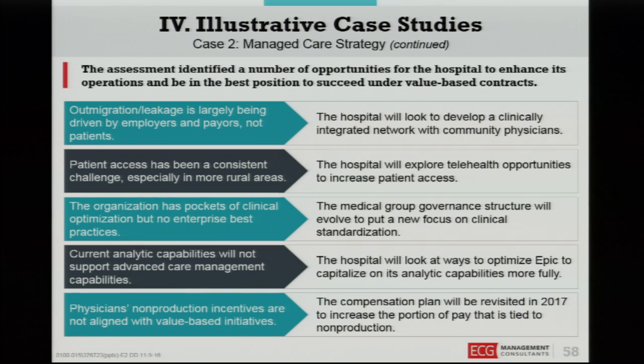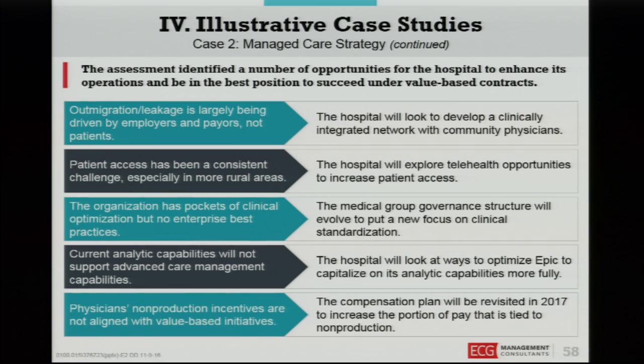There were pockets of clinical optimization, but they were focused on specialties and a few service lines, and they needed a more concerted effort across the entire physician enterprise around care delivery. We also observed they had very little in the way of analytical capabilities to do the reporting required by MACRA. They had a lot going on in IT, and all their analysts were really busy all the time.